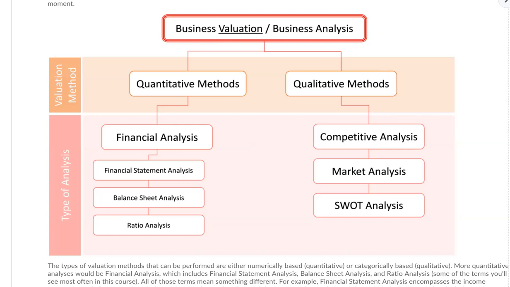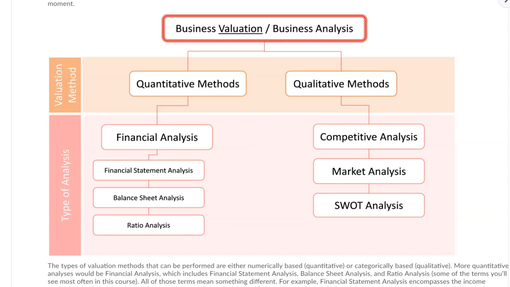So business valuation, well, first of all, business valuation is a little bit different than business analysis. Business analysis can just be any sort of ad hoc or any sort of financial analysis that somebody performs, whereas business valuation has the specific purpose of valuing the business or whatever the entity is. And the method, there are two different methods. You're going to be quantitative or qualitative.